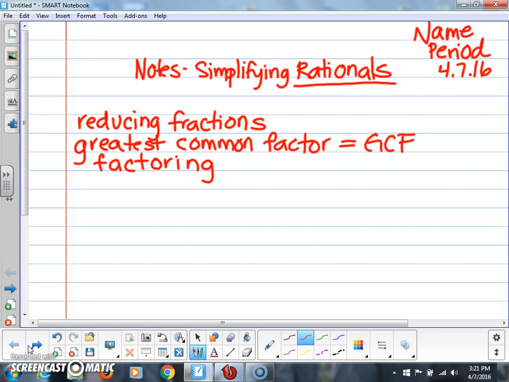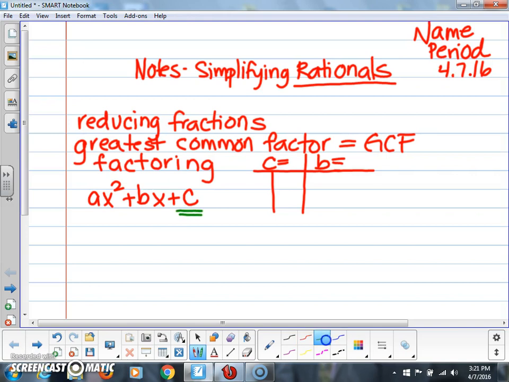Okay, so factoring, we're going to do what's called a CB table. Your CB table looks like this. You're going to have a value for C, a value for B, and it's coming from the general form of ax squared plus bx plus c. Whatever term is here, that's what's going to be placed there.